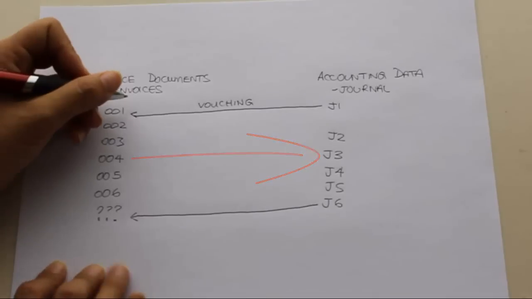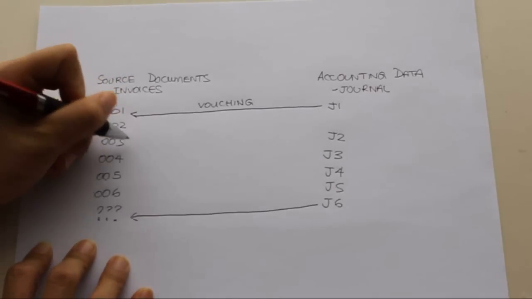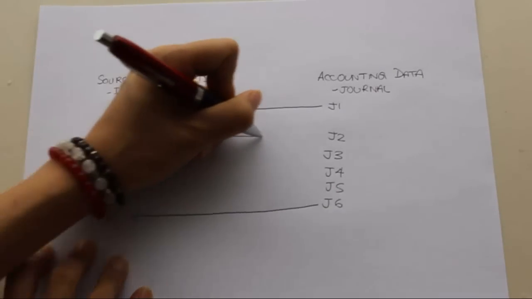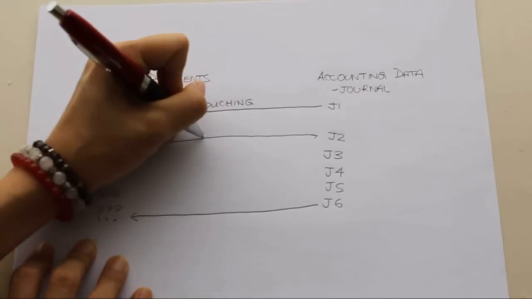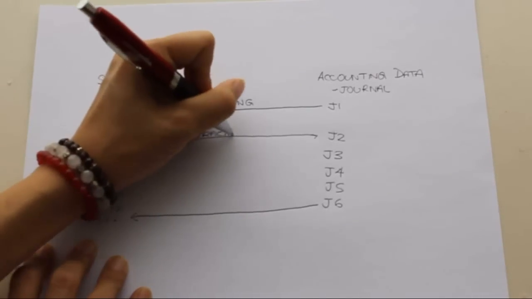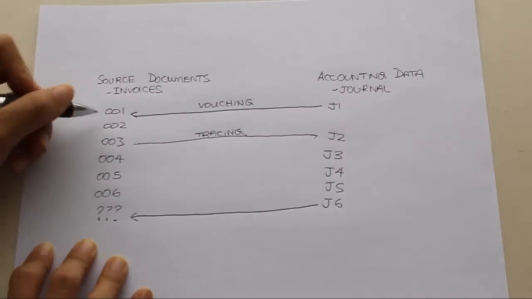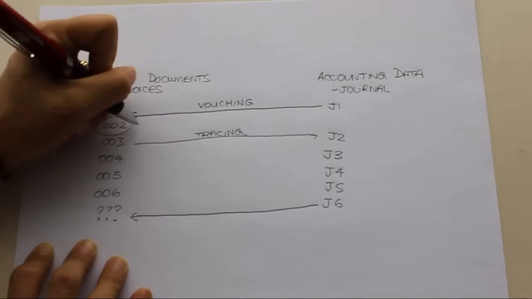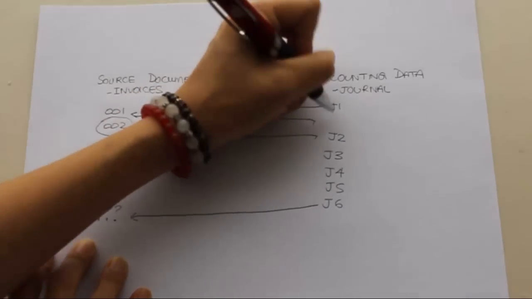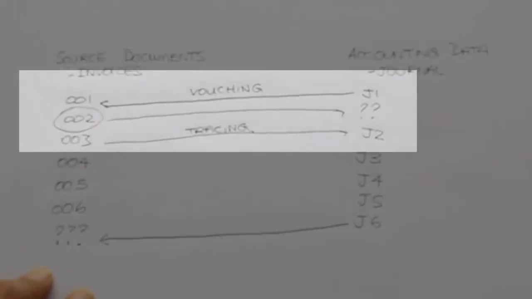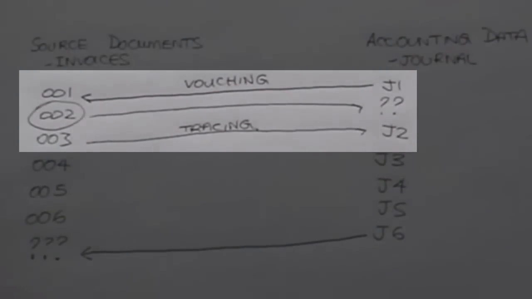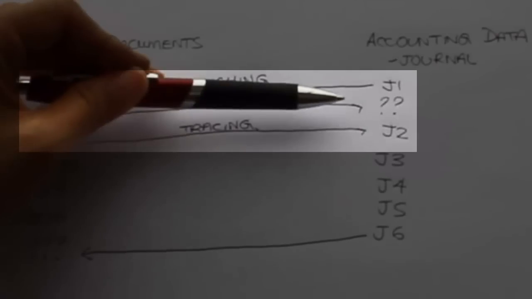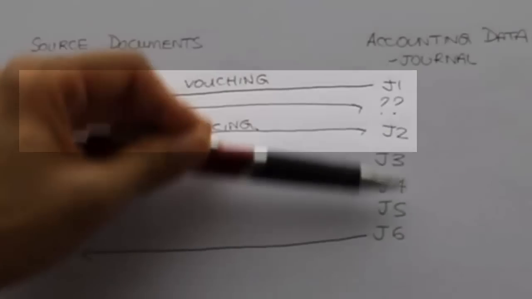So if I traced, I would see that invoice number 3 matches up with journal number 2, but what I would also find is that invoice number 2 is missing a journal entry. Alright, so tracing allows me to test completeness. My accounting data is incomplete.